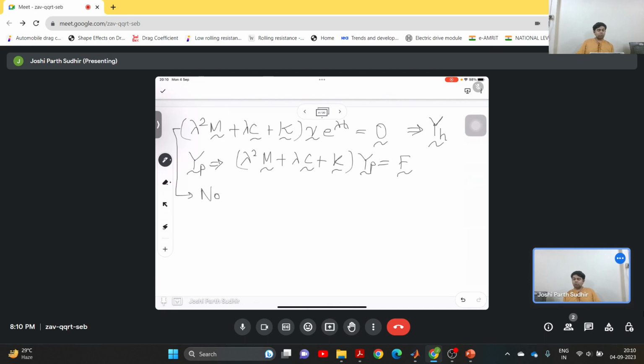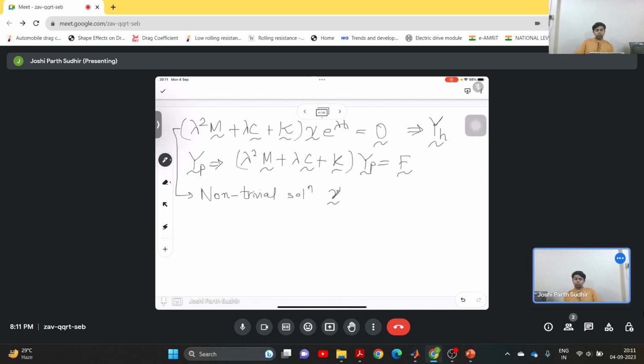to have a non-trivial solution in terms of v, because e to the power lambda t anyway is not 0 for any real value of t.